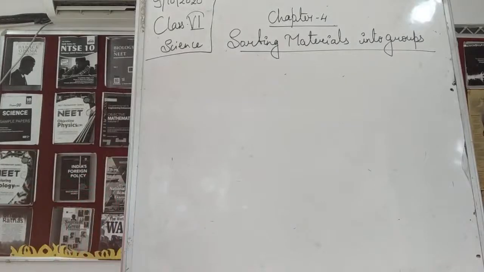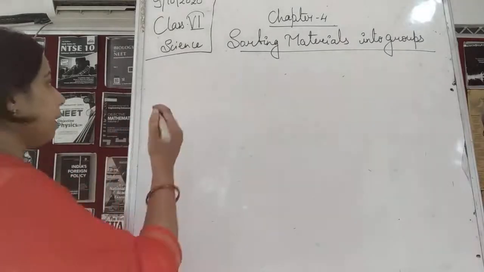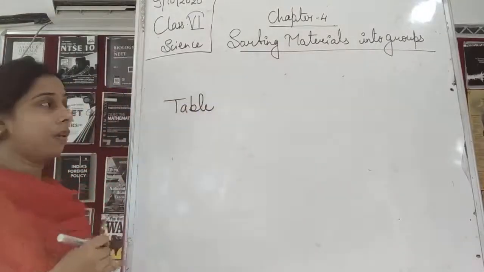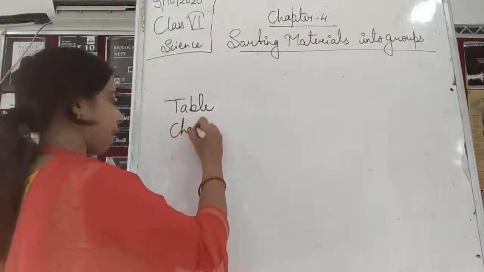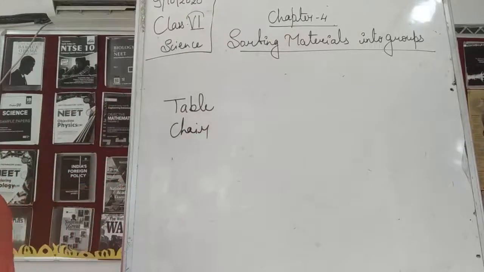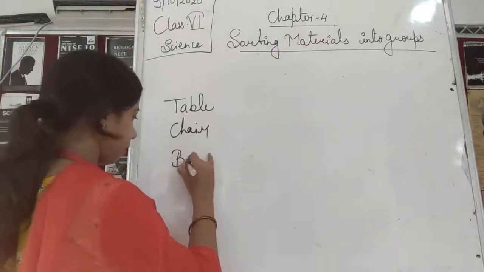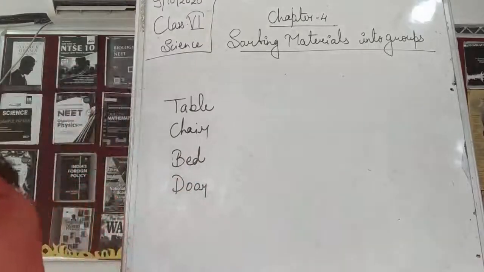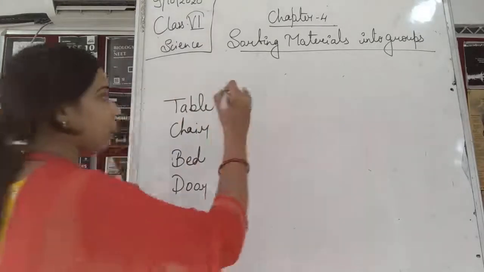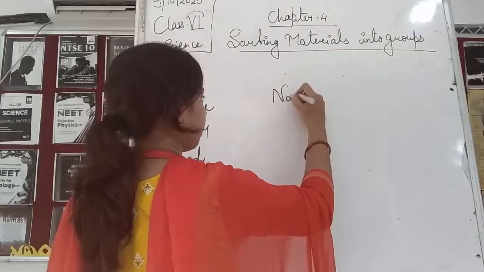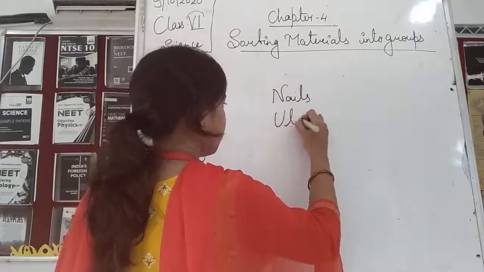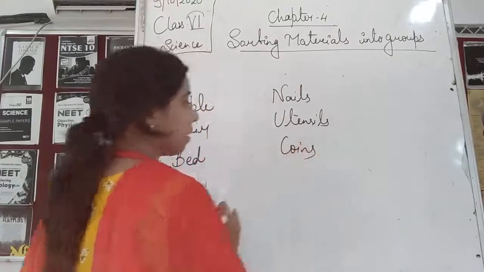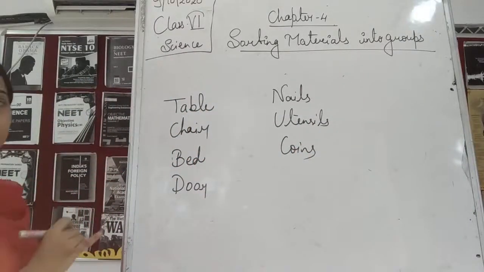So you see students, in a group one thing is given: table, chair, then bed, door. In the other one: nails, utensils, coins and magnet.